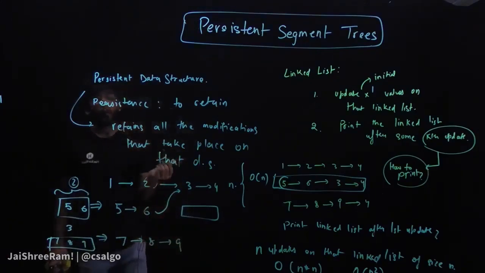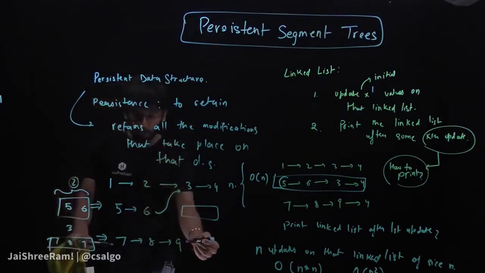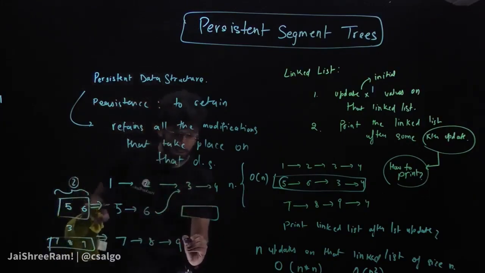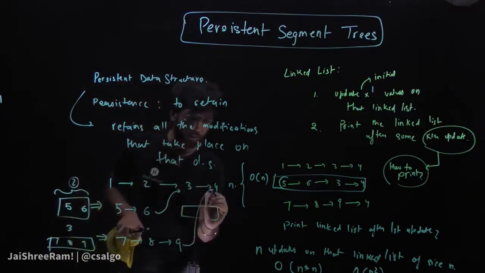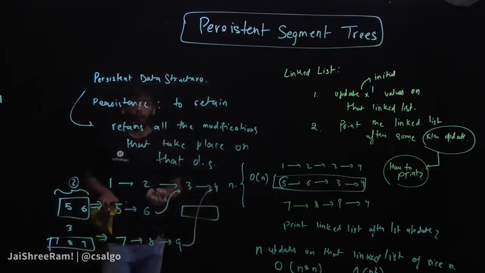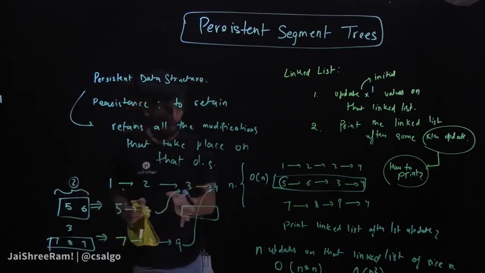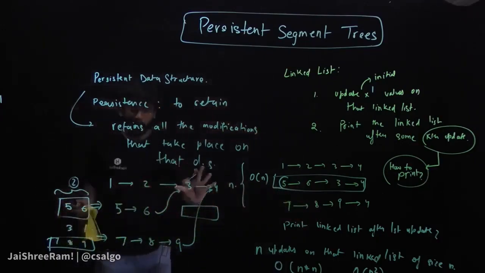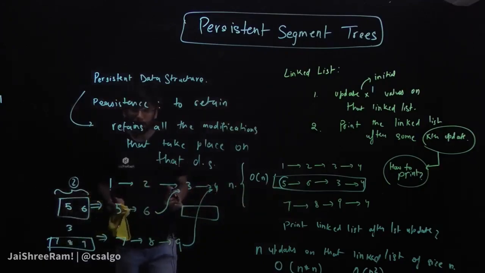And now, where do I need to point the 9? The 9 would point to the fourth element of the previous linked list. So it will actually point over here. So I guess now I have made it clear how to apply this to the entire thing. Yeah. So this is how the updates will actually work.